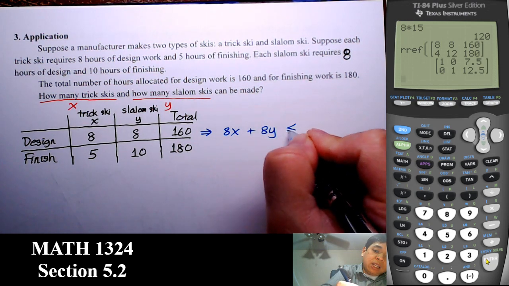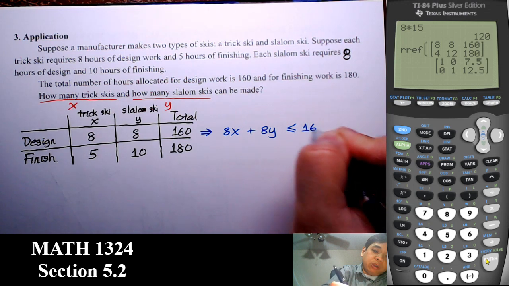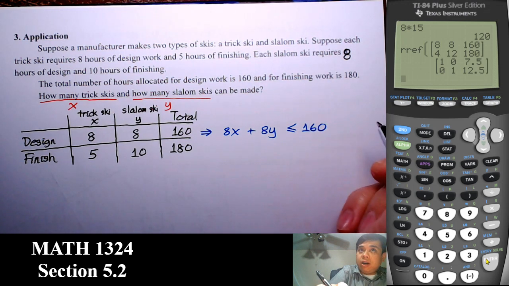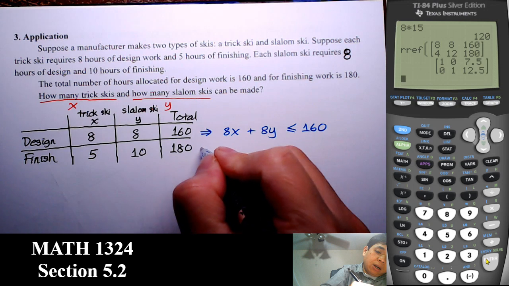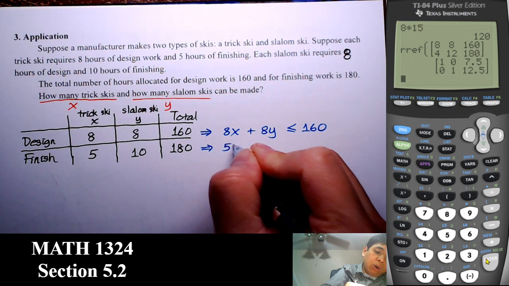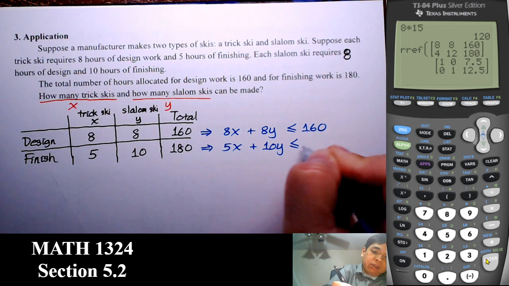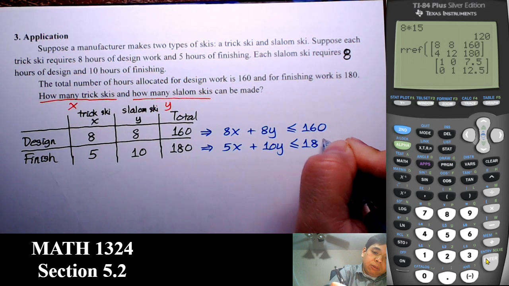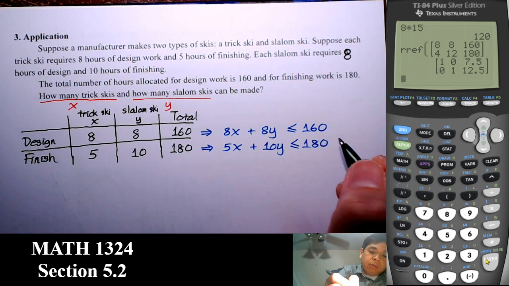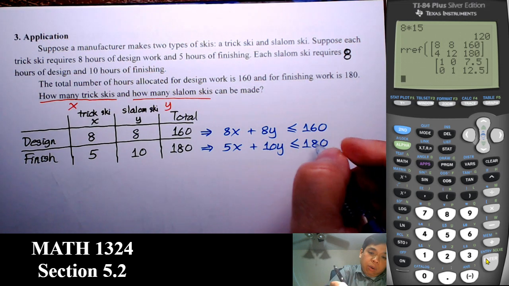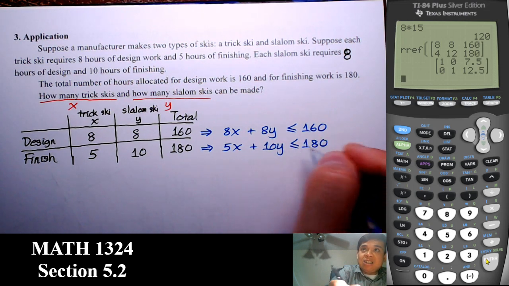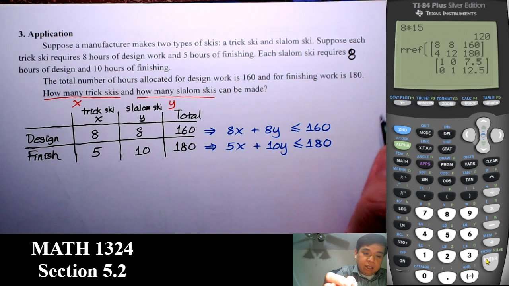We can use less than 160 hours if we choose to, but we cannot use more than that. Same thing here. We don't have to use all 180 of them. So it has to be less than or equal to. It cannot be more than 180.